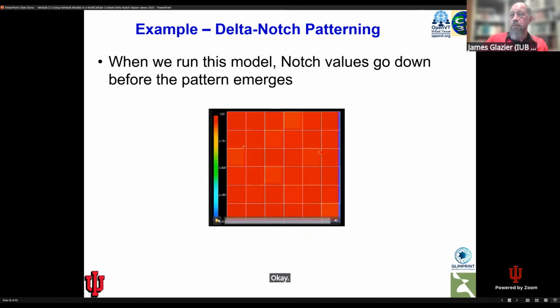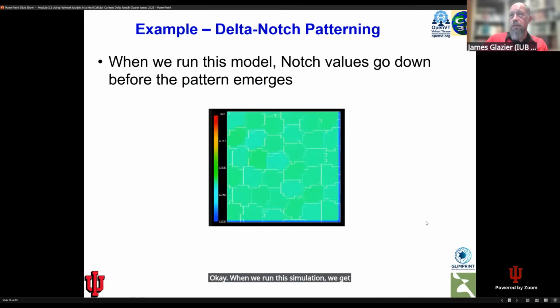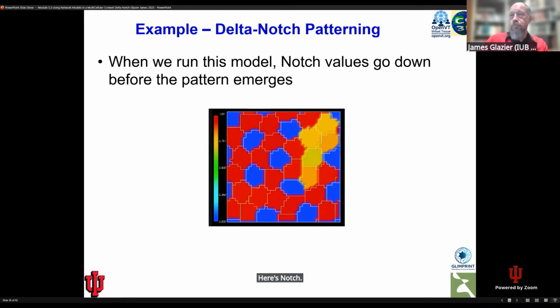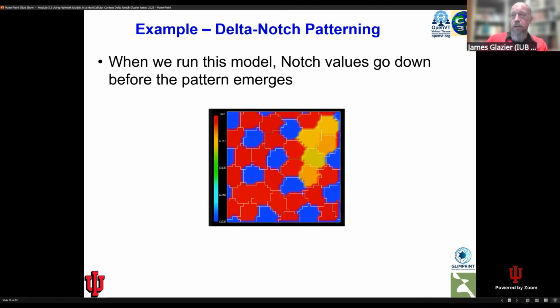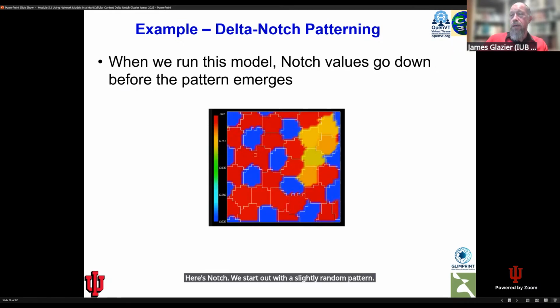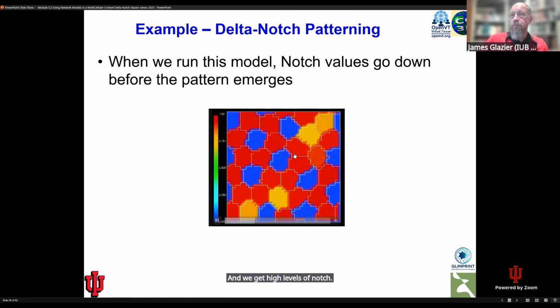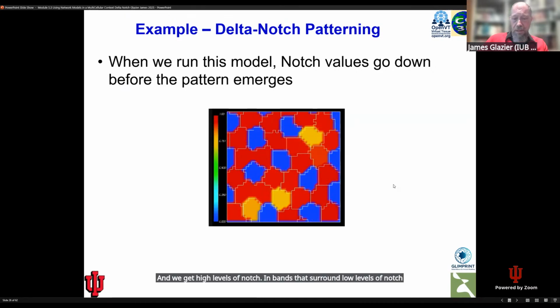When we run this simulation, we get something that looks like this. Here's notch. We start out with a slightly random pattern, and we get high levels of notch in bands that surround low levels of notch where the delta is high.